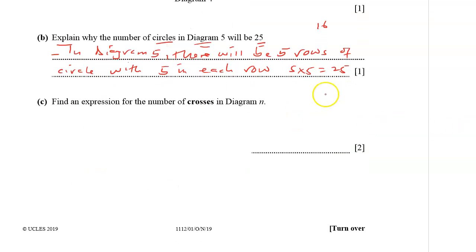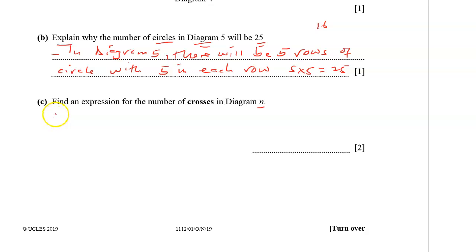Part C, find an expression for the number of crosses in diagram n. Okay, to do that, of course, you have to find the number of crosses in diagram 1.